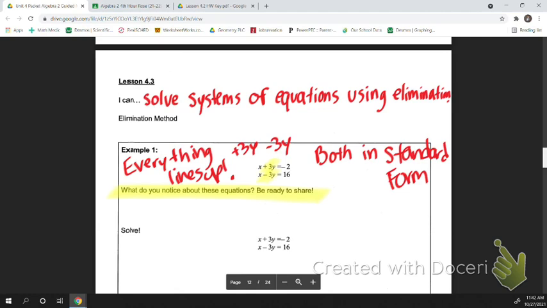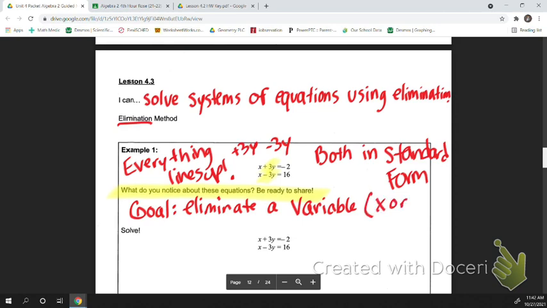So, when you are doing elimination, your goal is to eliminate a variable. What do I mean by variable? X or Y. So elimination, you're trying to get rid of a variable, so then you have an equation with one variable and you can solve it.